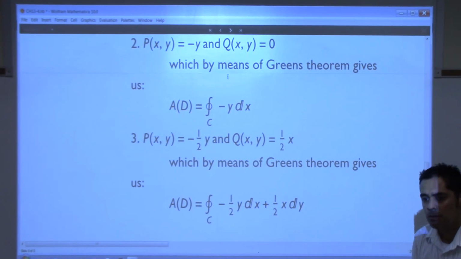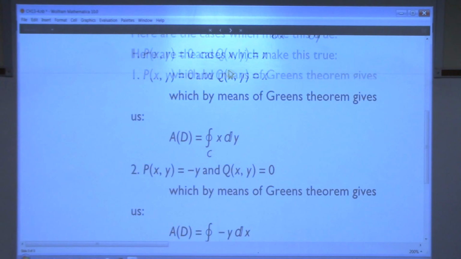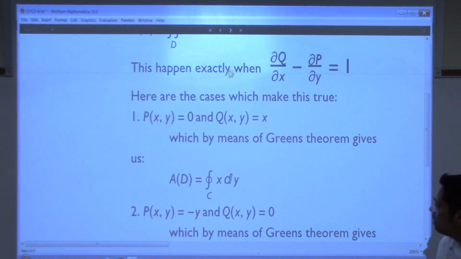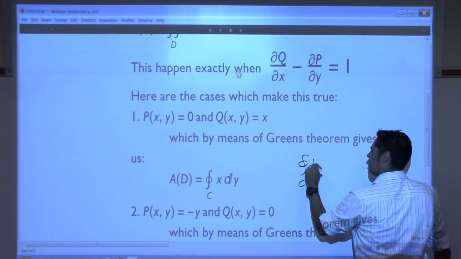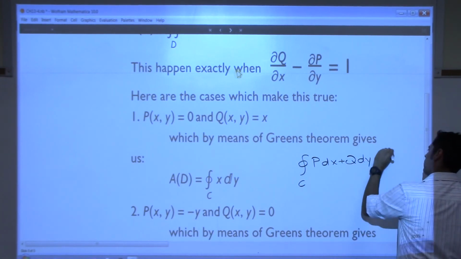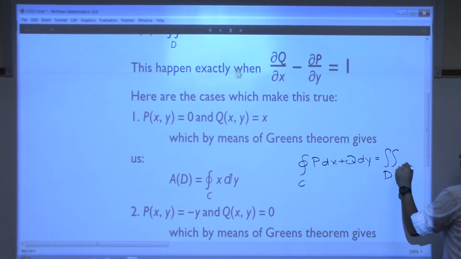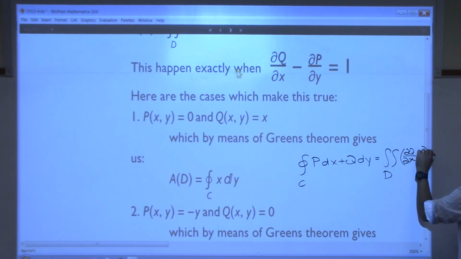Right? Understand? You sure? Okay, let me go back up to the first example, because I think looking at Green's theorem, that's Green's, right?